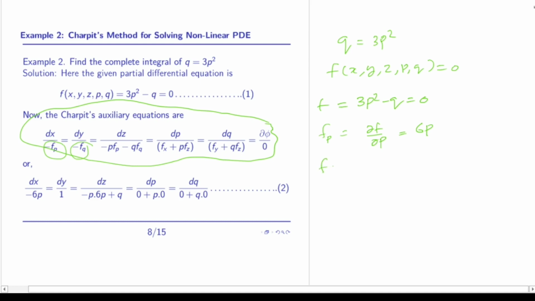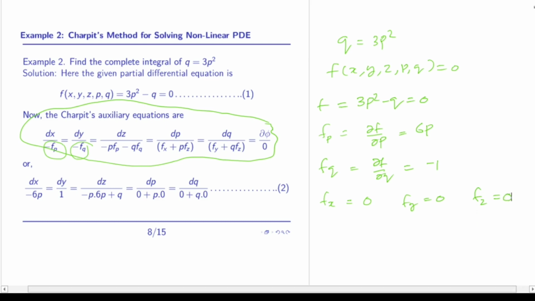Now fq is equal to ∂f/∂q, and since the function is 3p square minus q, it is equal to minus 1. Similarly, fx is equal to 0 since there are no x terms, fy equal to 0, and fz equal to 0.